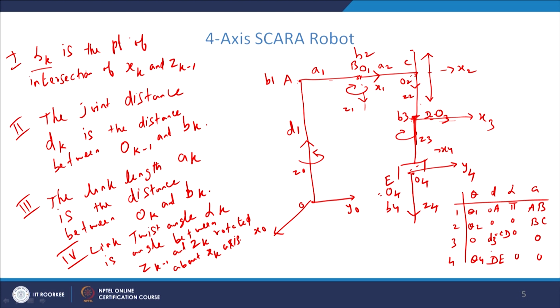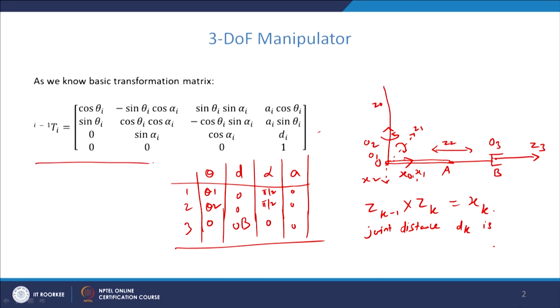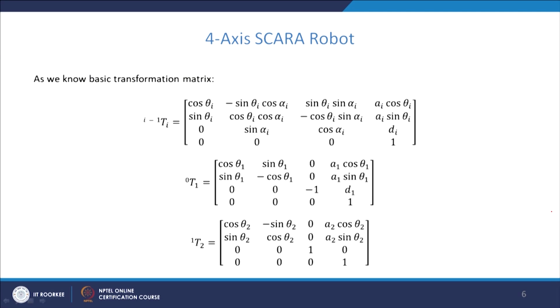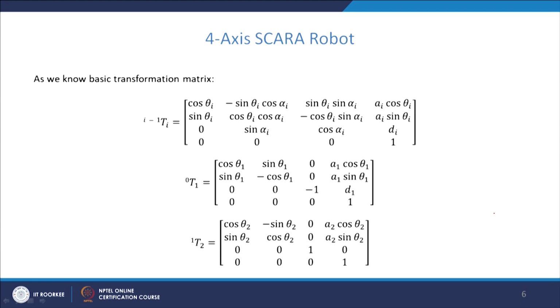Now, substituting that in the general expression, as we have seen, this is the general expression for the ith coordinate frame with respect to the (i-1) frame. So, we get 0T1, 1T2 etc. by substituting the values from this expression. So, what we observe is in 0T1 we substitute theta 1, and for D1 we substitute OA, that length.